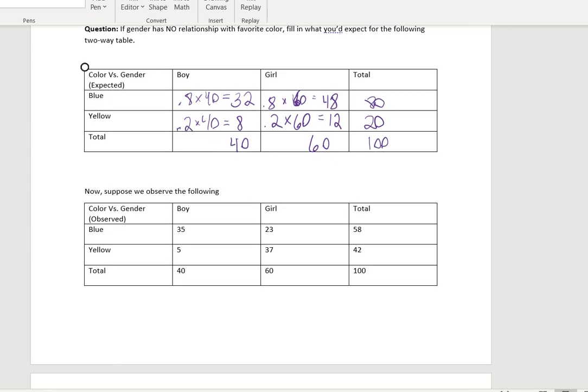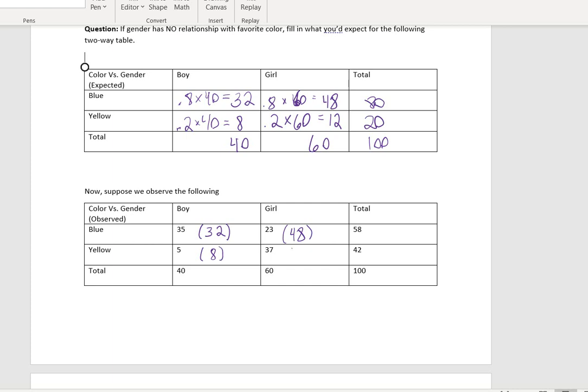Great, now if I actually look at my survey, what I see is that 35 boys prefer the color blue, not 32, so we're going to be comparing that 35 and 32. I had 5 boys prefer yellow, and I expected to have 8. For girls, I saw 23 prefer the color blue when I should have seen 48.